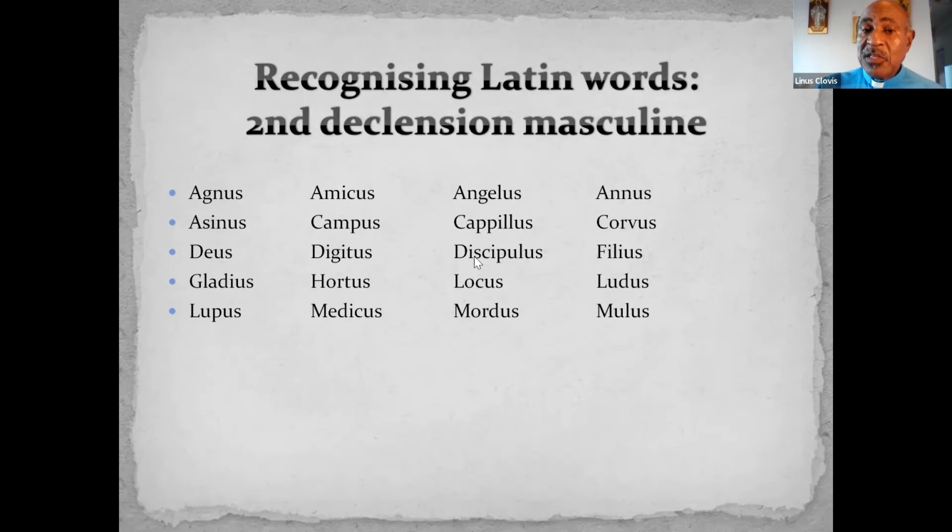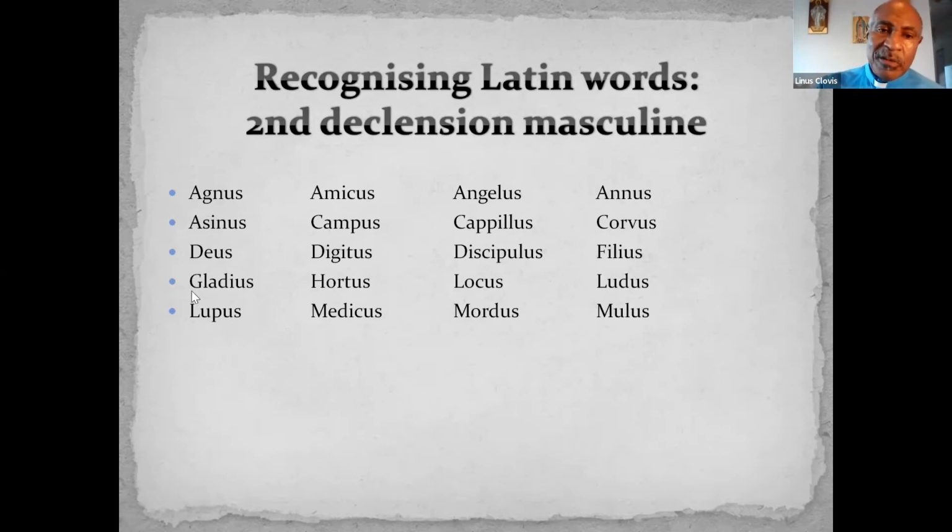Here we have discipulus, discipulus, which is a disciple or follower, student. Filius, from which you get filial. So it's a son. And of course, it's in the Gloria, Filius Dei, Son of God.